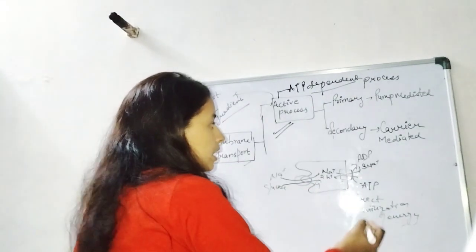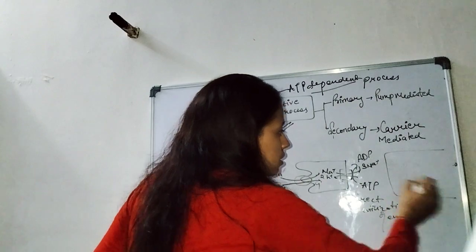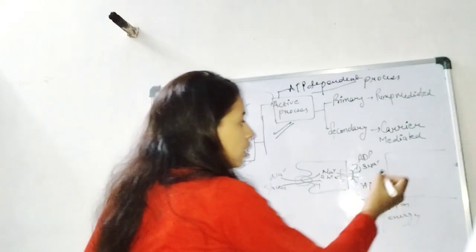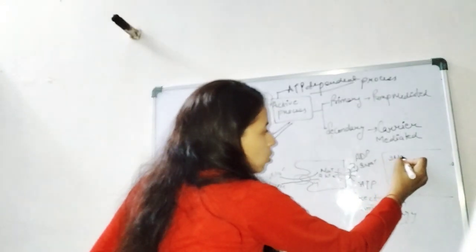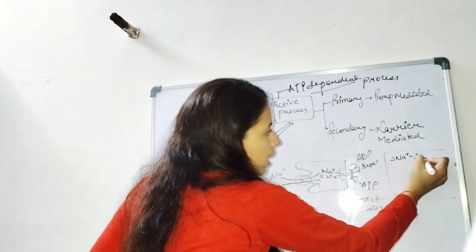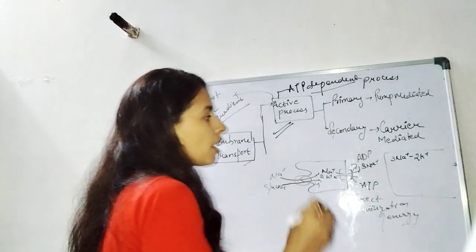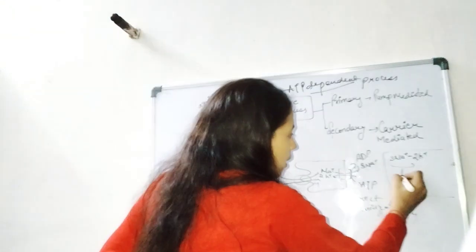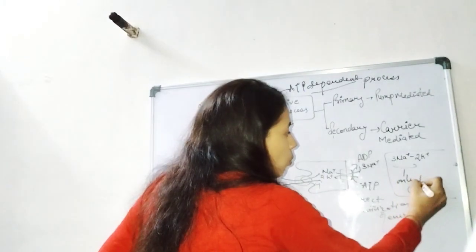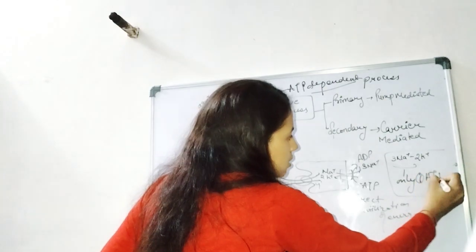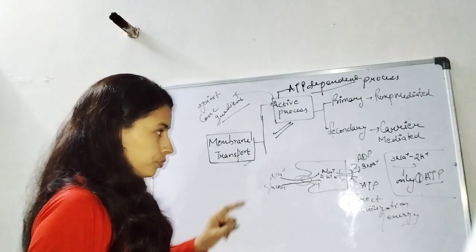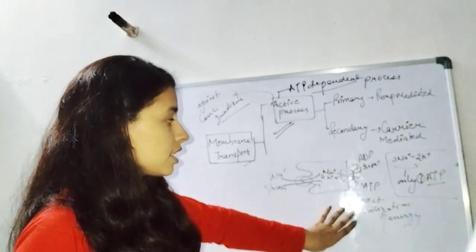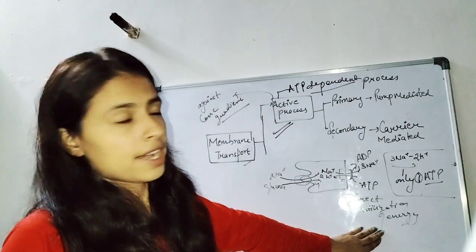In many exams there is a question asking: during movement of three sodium ions and two potassium ions across the plasma membrane, how many molecules of ATP do we require? We require only one ATP molecule hydrolysis. So this is an indirect utilization of energy.